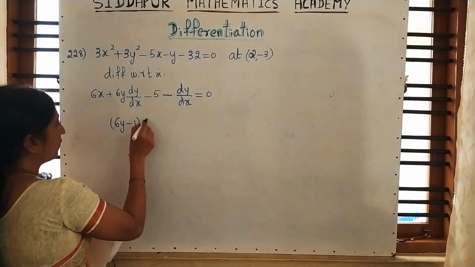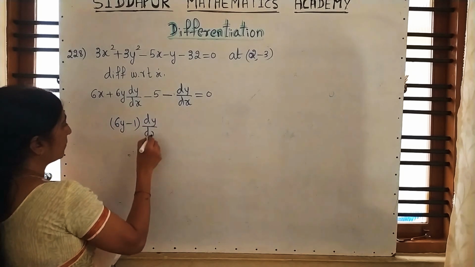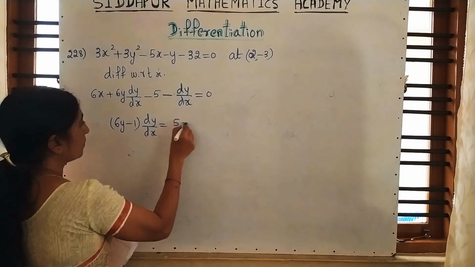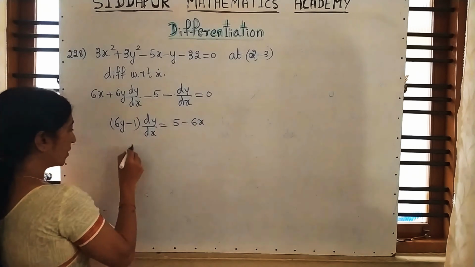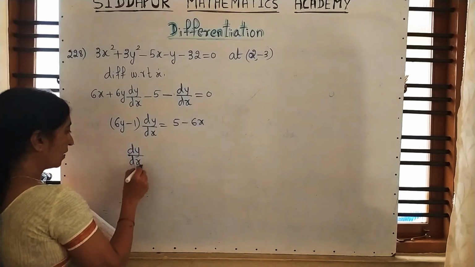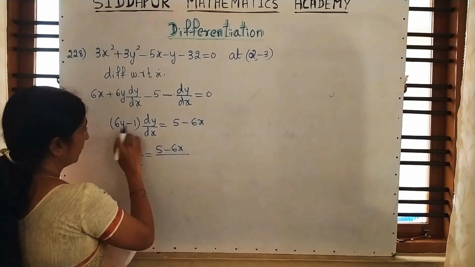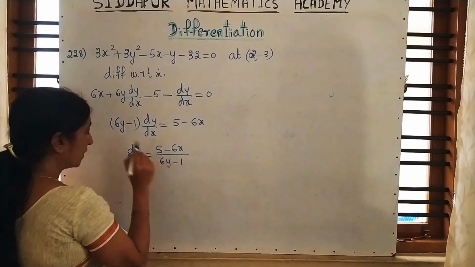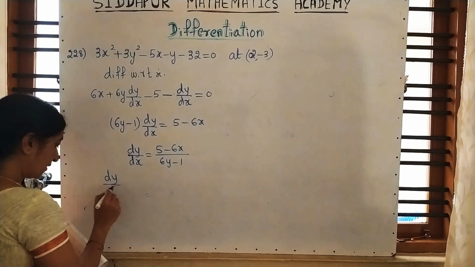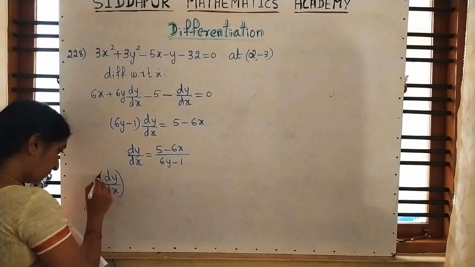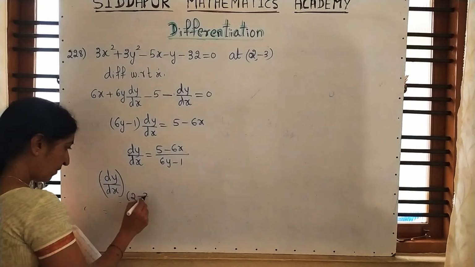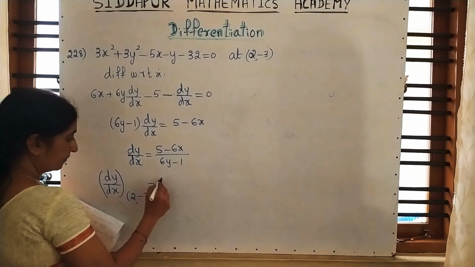Then take dy upon dx common. The term without dy upon dx on the right side. This is the multiplication. And we have to write dy/dx at (2, −3) like this.